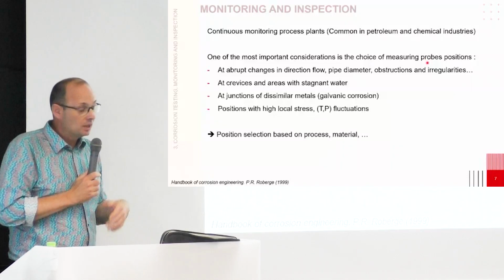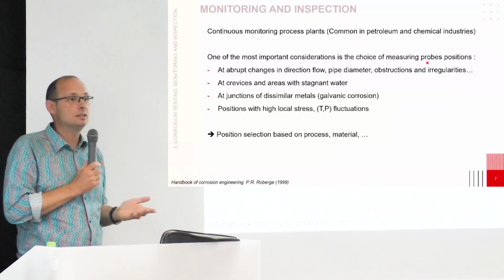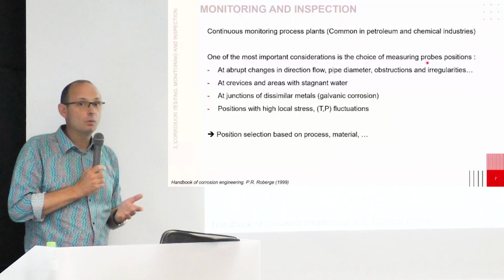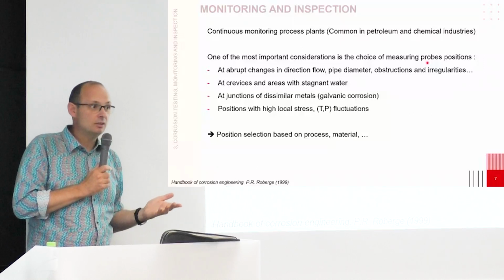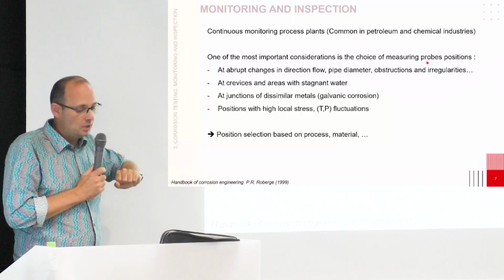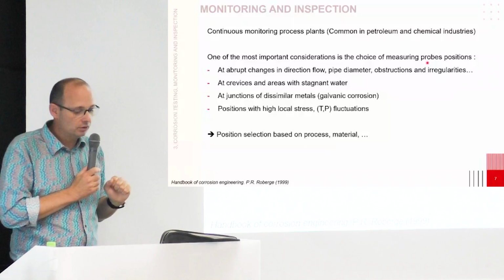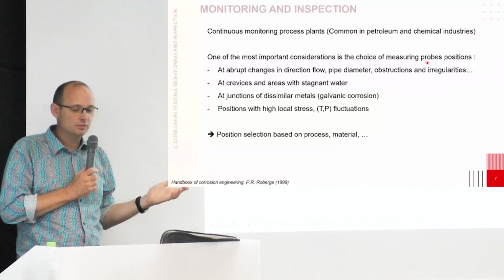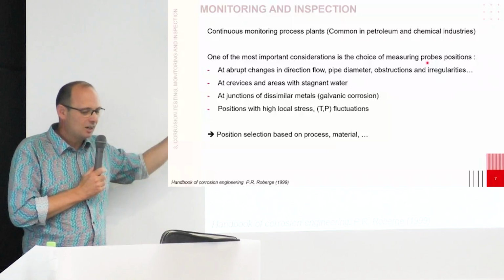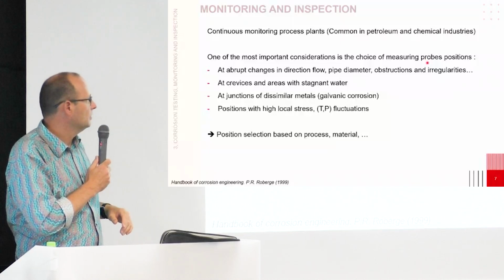And for these probes, of course, if we don't insert them in the right place in the structure, we will not get the right corrosion rate. So we have some considerations. Should we implement these probes at an abrupt change of the flow direction, a crevice area, an adjunction of dissimilar metals?